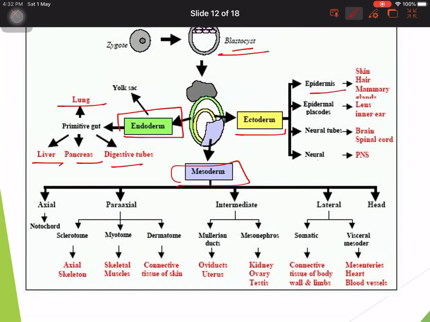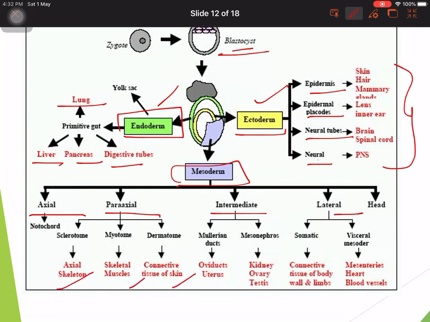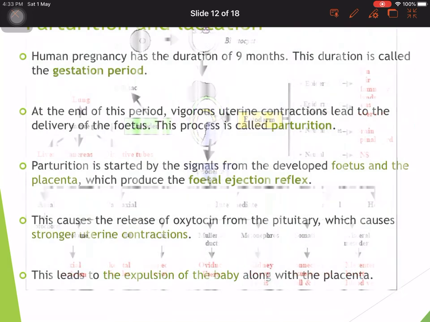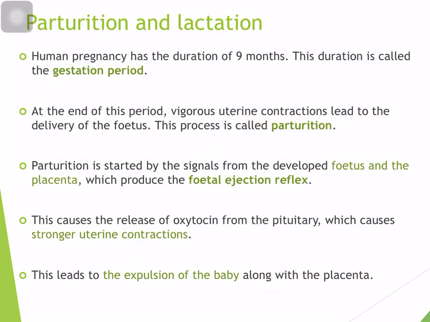Ectoderm gives epidermis, epidermal placodes, neural tubes, so all these: your skin, mammary glands, brain, spinal cord, PNS are formed from the ectoderm. Liver, pancreas, digestive tract are formed from endoderm, and mesoderm is further divided into different types and gives you the skeletal, connective tissue, oviduct, uterus, kidney, ovary tissues and like this. So this will help you to understand which part is formed from which layer of your zygote.